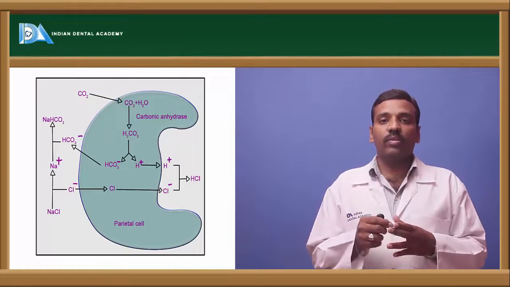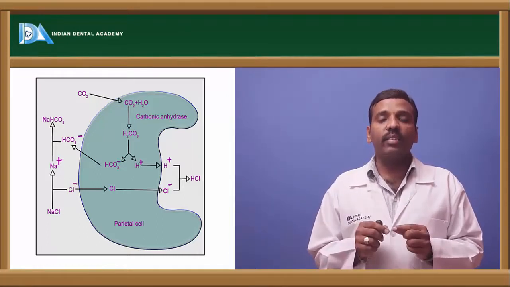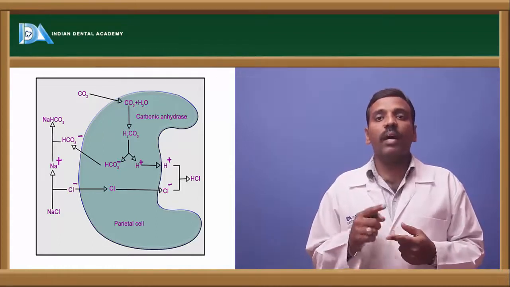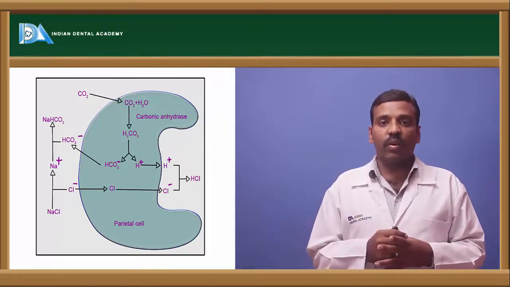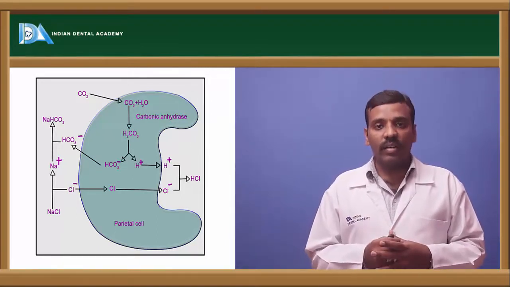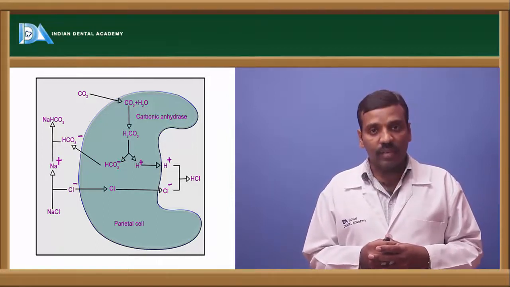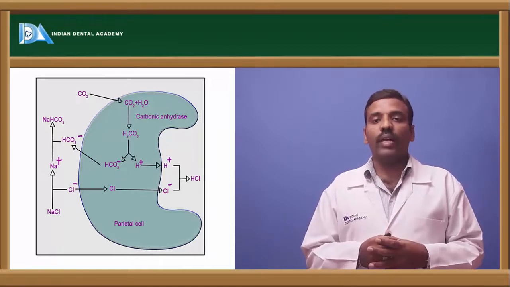Hydrochloric acid is produced from the parietal cells, and before that, the water content combines with the carbon dioxide, the metabolic waste gas, and in the presence of carbonic anhydrase it makes H2CO3, carbonic acid.